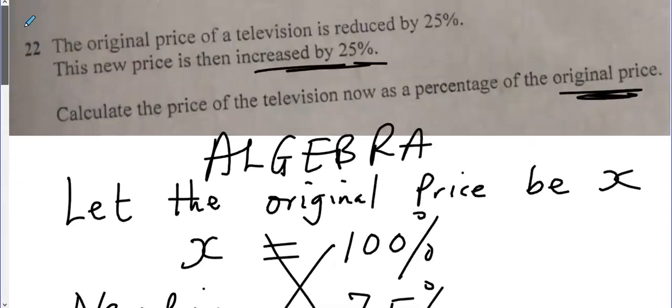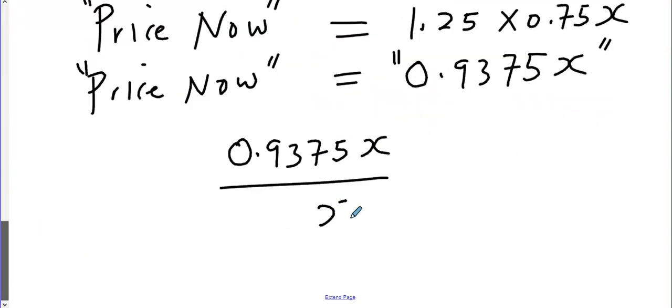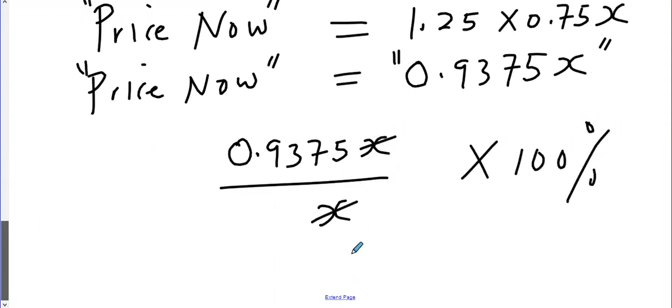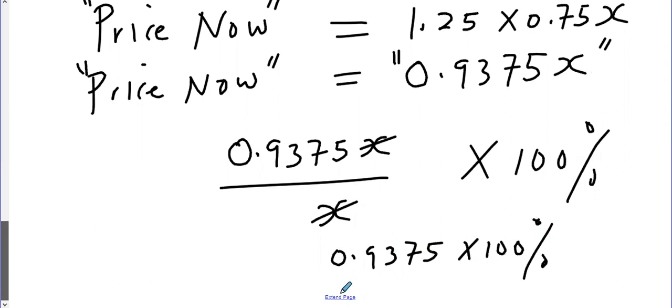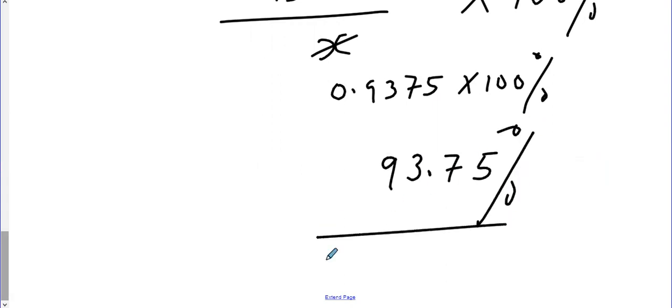The original price was X. I divide by X, and then multiply the answer by 100%. The X and the X cancel, so we have 0.9375 times 100. This gives you 93.75%. This is the answer.